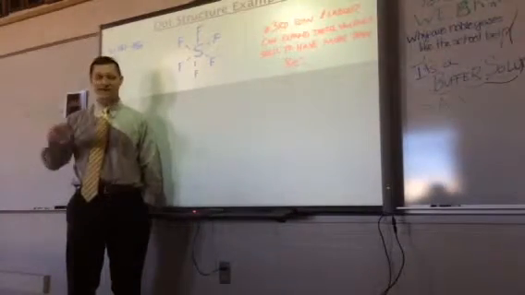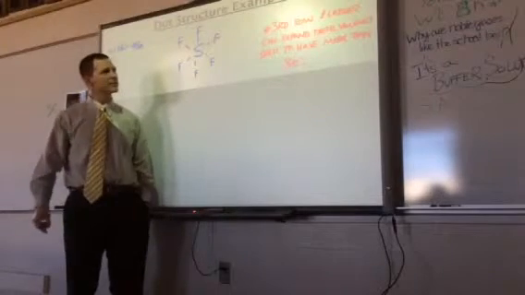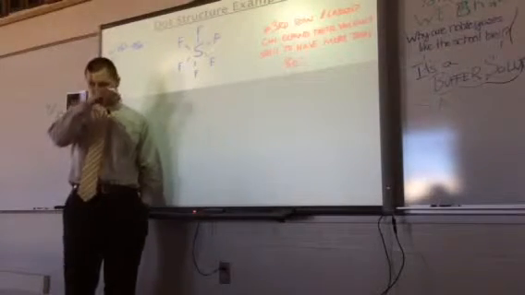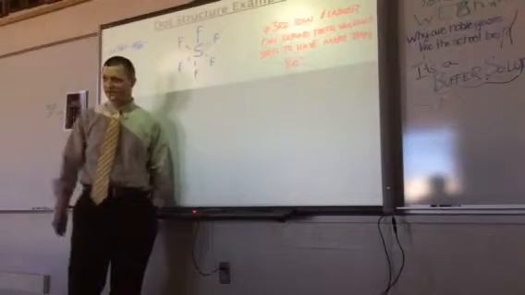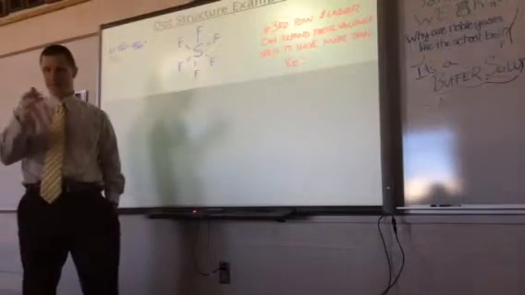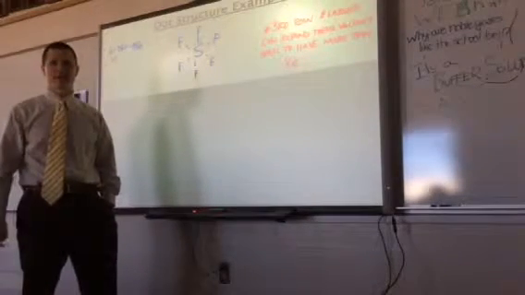So sulfur qualifies. It's in the 3rd row of the periodic table. It can get more than 8 on it, and it does. Not always. Sometimes it's good with 8, but it can have more than 8 too.